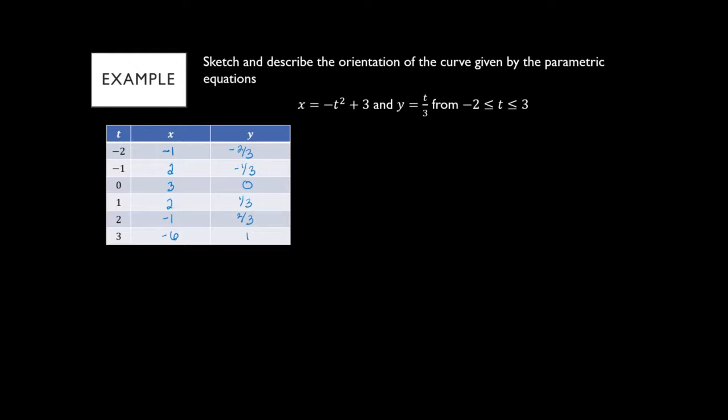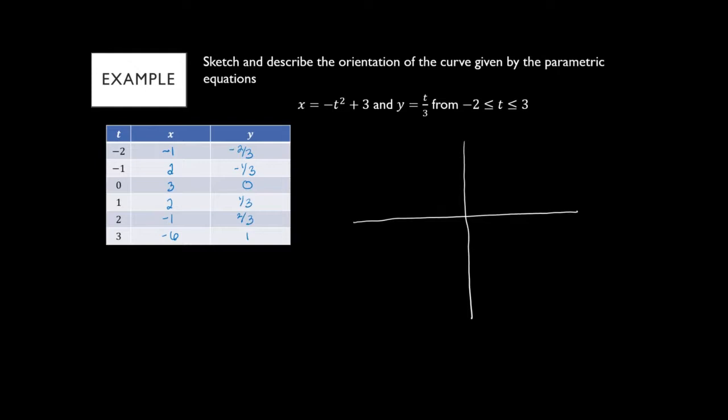These are giving you ordered pairs that you're graphing, and then you want to describe the orientation. We're going to graph this by hand, and then I'll bring it up in Desmos so you can see how you would do this in Desmos. But we're going to graph it by hand.